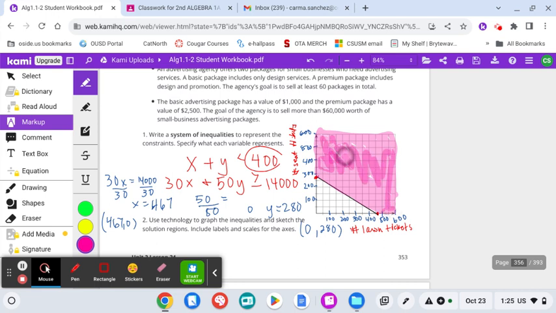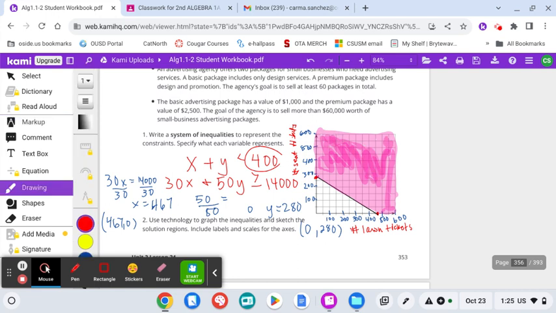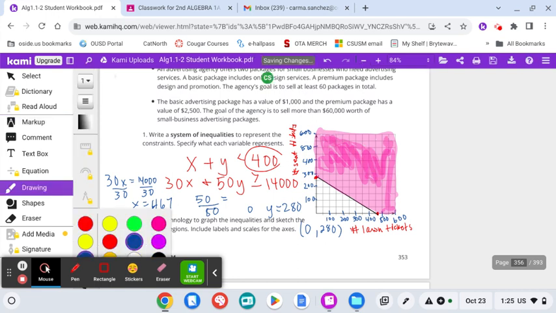Okay, next, we're going to do the other one from 400 to 400. That one's going to be a dashed line, and then that one is going to be shading less than.